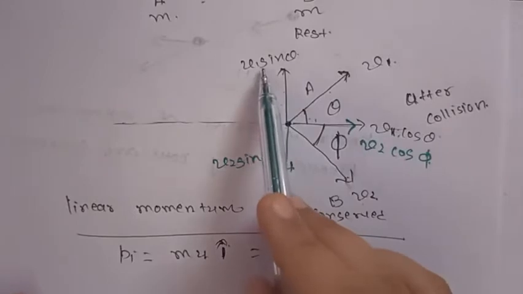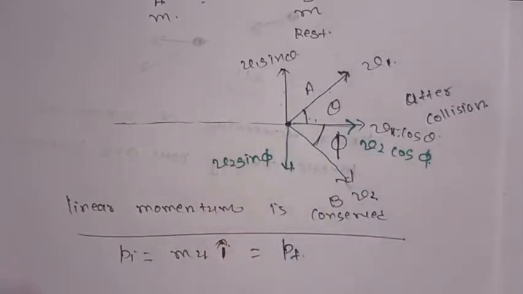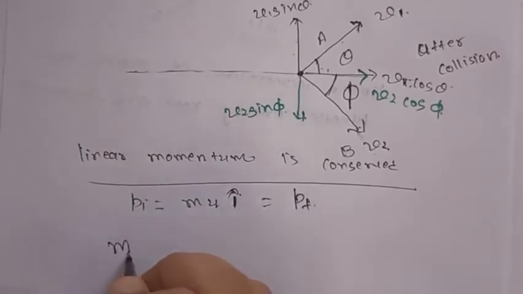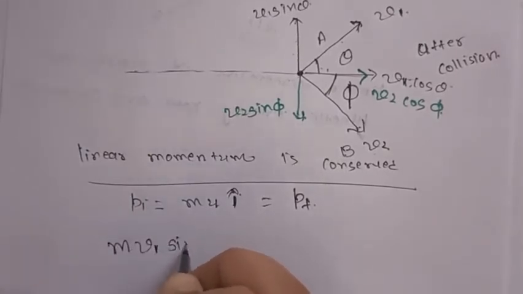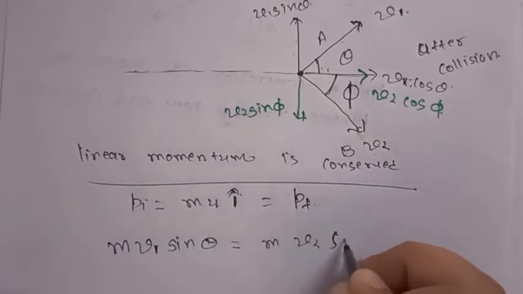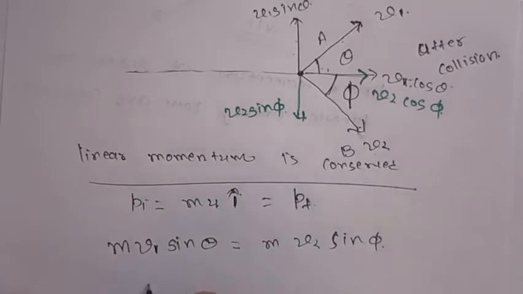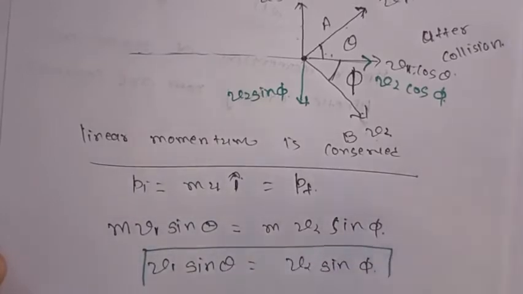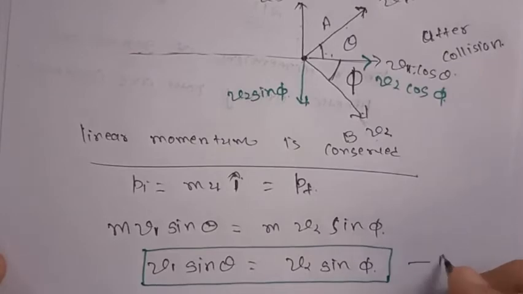So the magnitudes of these two momenta will be the same. So we can write m v1 sin theta is equal to m v2 sin phi. So v1 sin theta is equal to v2 sin phi. Let's say this is equation 1.